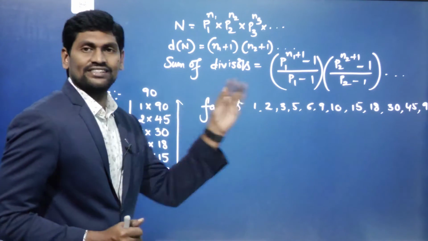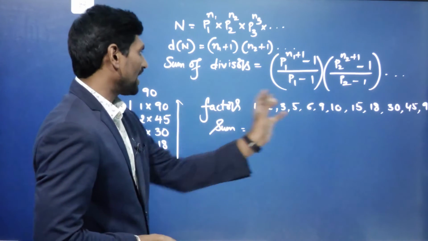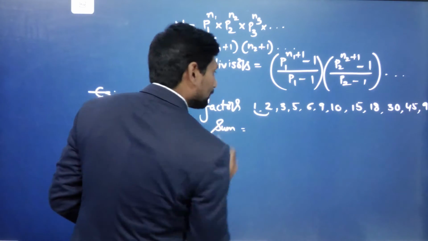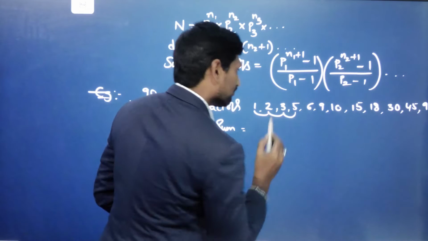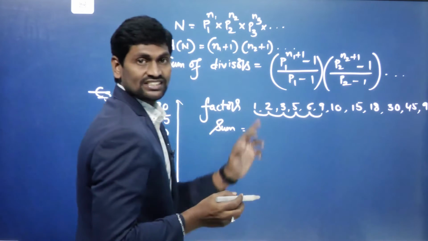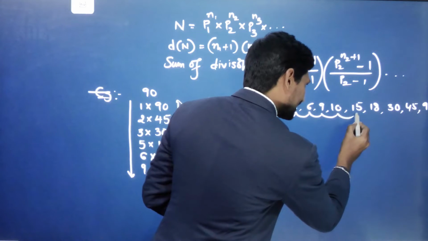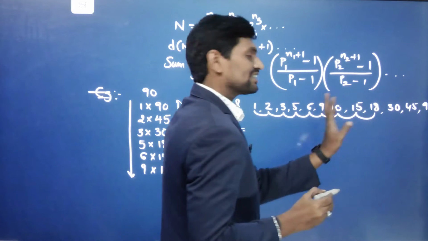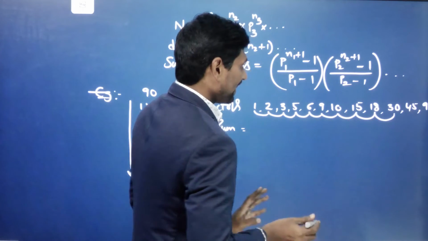Let us check their sum. The sum of divisors or sum of factors is just adding all the factors. 1 plus 2, 3, 3 plus 3, 6, 6 plus 5, 11, 11 plus 6, 17, 17 plus 9, 26, 26 plus 10, 36, 36 plus 10, 46, plus 5, 51, 51 plus 10, 61, plus 8, 69, 69 plus 30, 99.